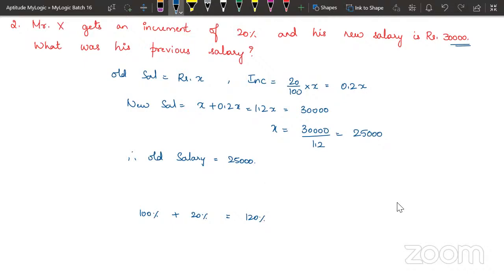So if 120% is 30,000, what is 100%? That is what you are calculating. This gives you the answer 25,000 rupees. Everybody understood this?